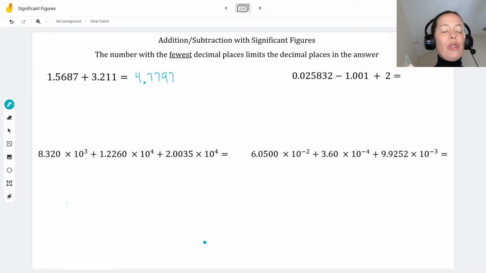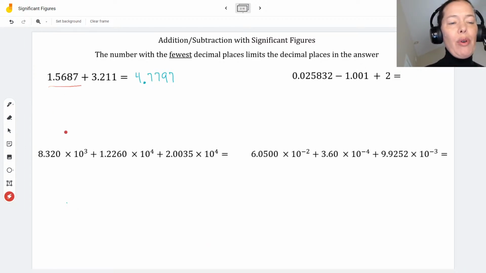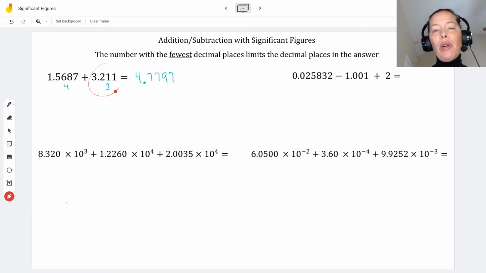Okay, since we're doing addition, we need to count up the number of decimal places. So in my first number right here, I have 4 decimal places, and in my second number, I have 3 decimal places. So this 3.211 will limit my answer. So I can only put 3 decimal places in my answer.